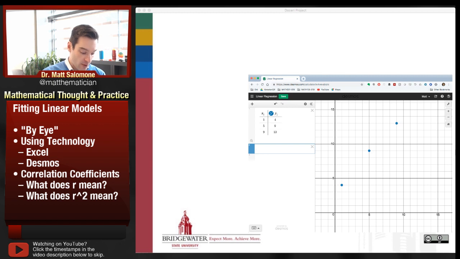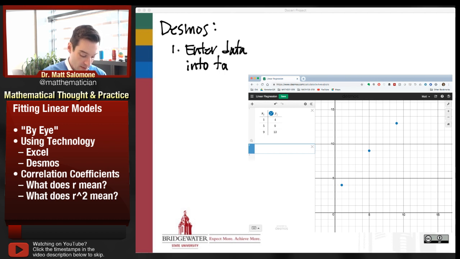Once you have your data set in place, step one is enter your data set into a table. The way that I have over here on the left side, right? All my x values in the first column, the y values in the second column.